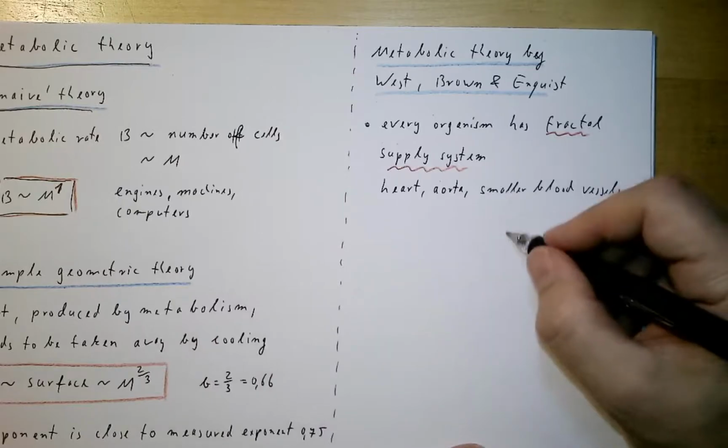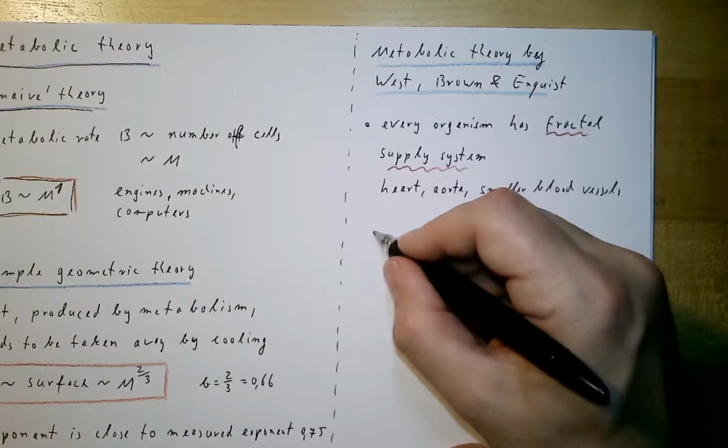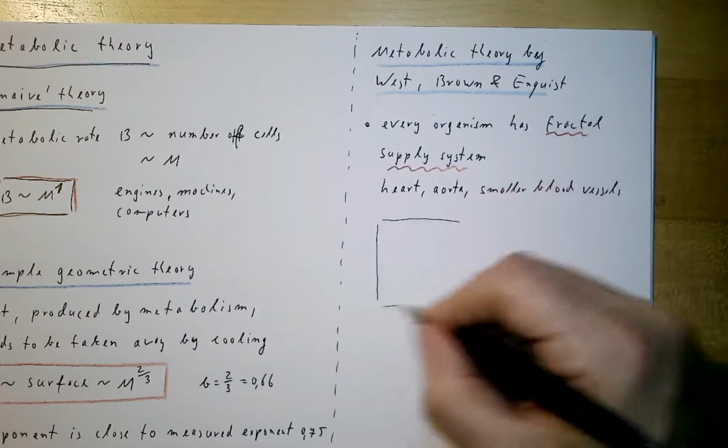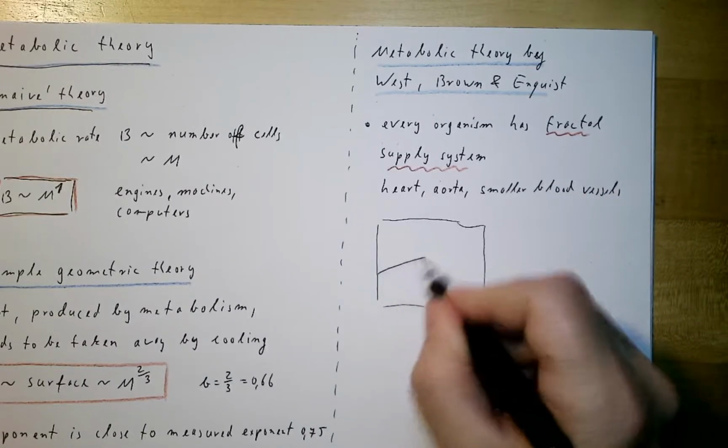So basically we say, okay, we have here maybe a tissue in our organism, and then we have here the big vessel.